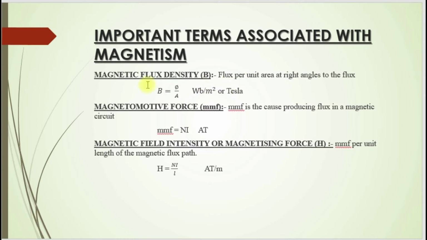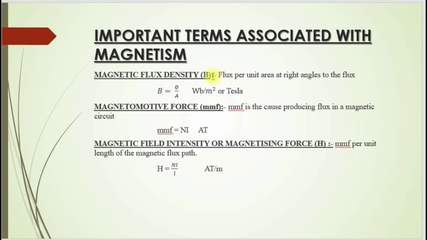Then next term is magnetic flux density. From this term itself you will be knowing, flux density means flux per unit area. Here flux density is usually denoted by the letter B. You have to know all these representations, then only you will be able to solve problems.